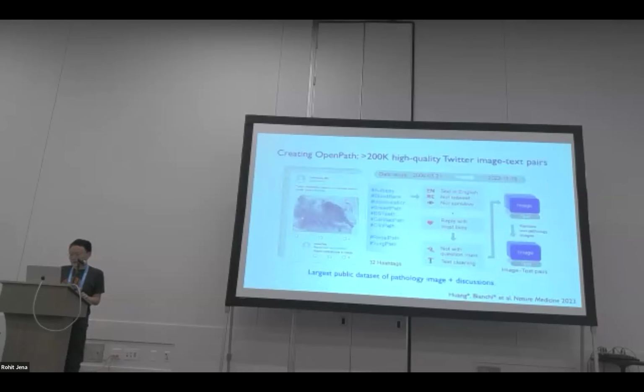So we did a bunch of work to curate this data from social media and figure out how much data there is. To do this, we basically wanted to scrape all of Twitter, which, as you can imagine, is massive.